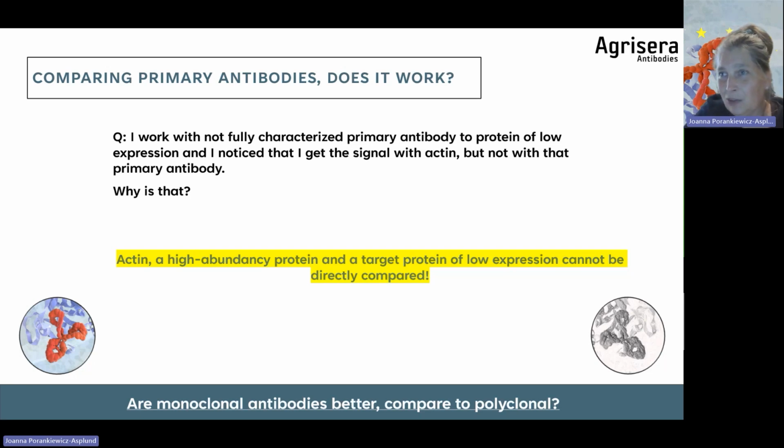And it cannot be compared to a protein of low expression, which may require a longer time to be visualized. So in general, I would treat each protein-antibody pair separately and by the way they are performing, because it depends upon the biochemical properties of your target protein to which the antibody is going to bind. And different antibodies are binding to different epitopes, as you saw.